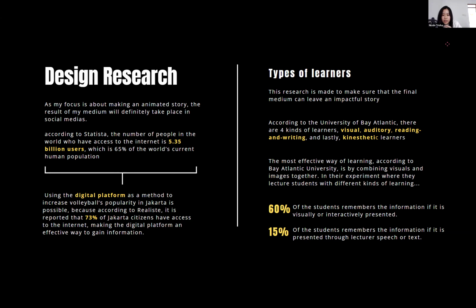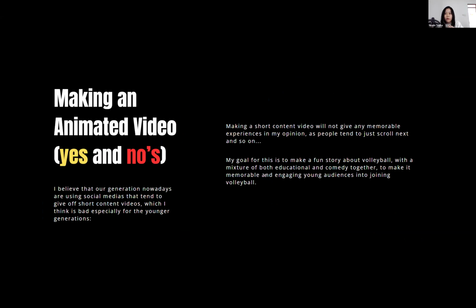During their research, 60% of their students remembered the information if it was visually or interactively presented, while 15% remembered the information if it was presented through lecture speech or text, which is not memorable and won't teach people well. So, my making of animated videos, yes and no's.